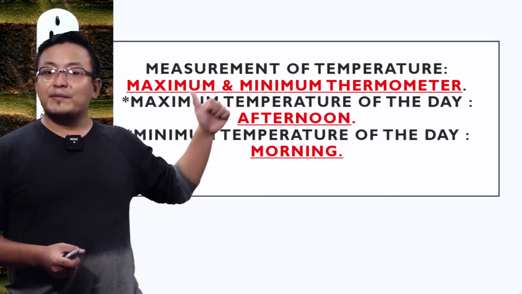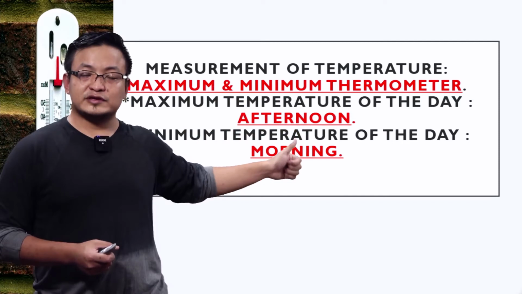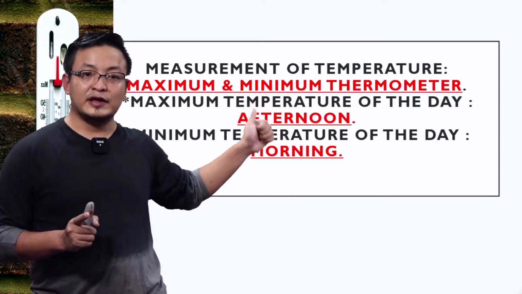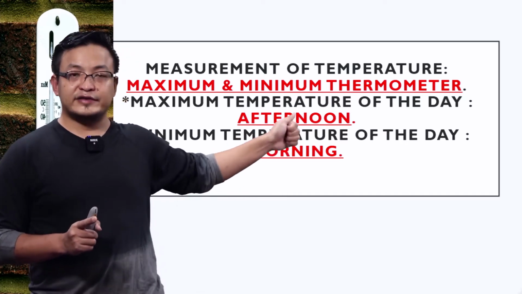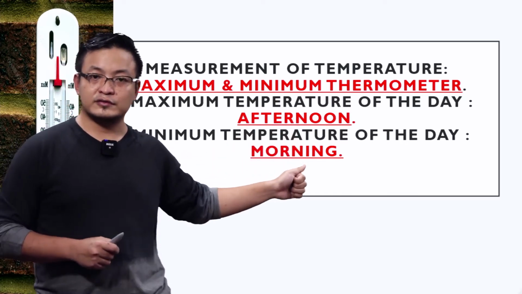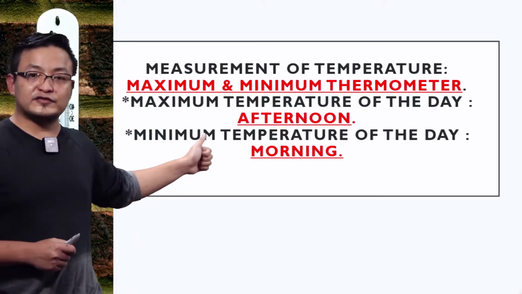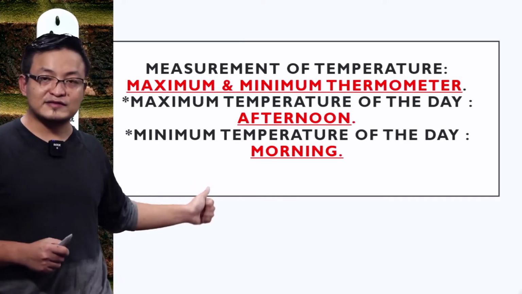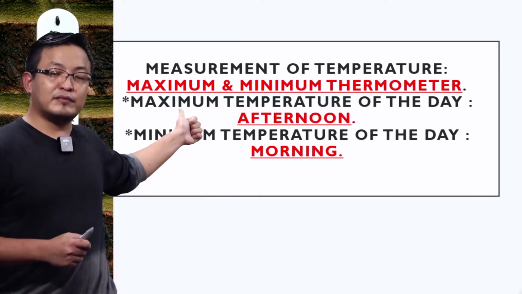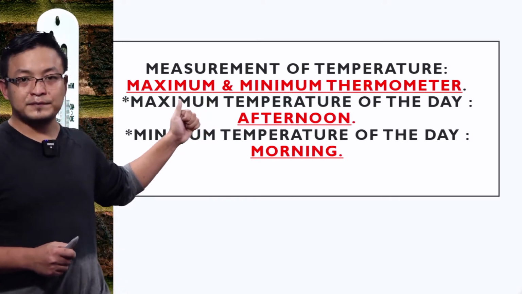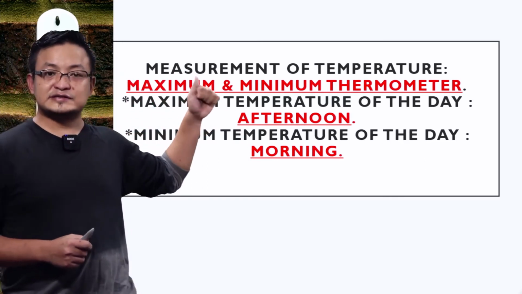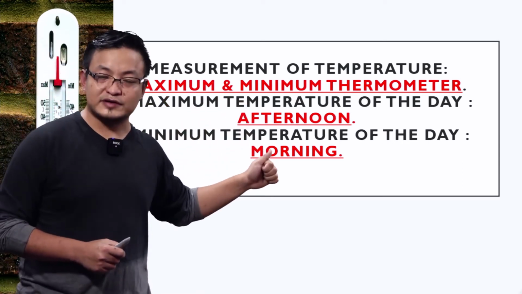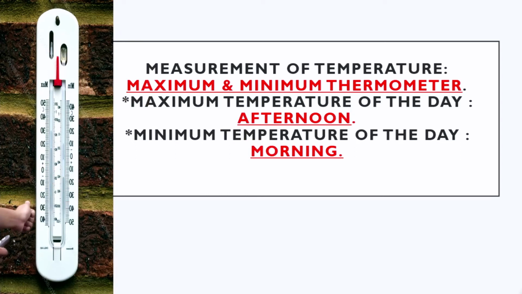The maximum temperature of the day is recorded in the afternoon, and the minimum temperature of the day is recorded in the morning. Minimum means less, and maximum means high. So measurement of the temperature is done with the help of the maximum and minimum thermometer. This is how it looks.